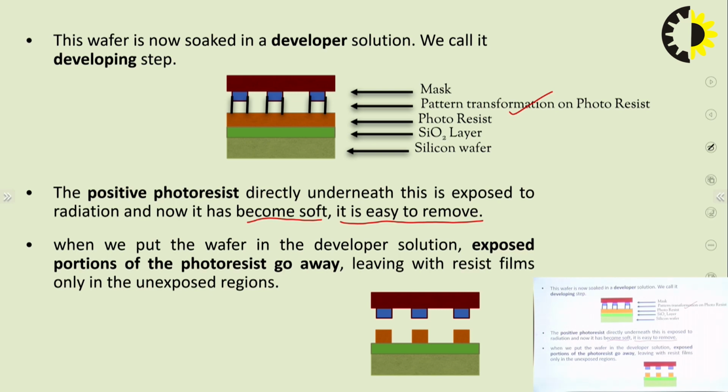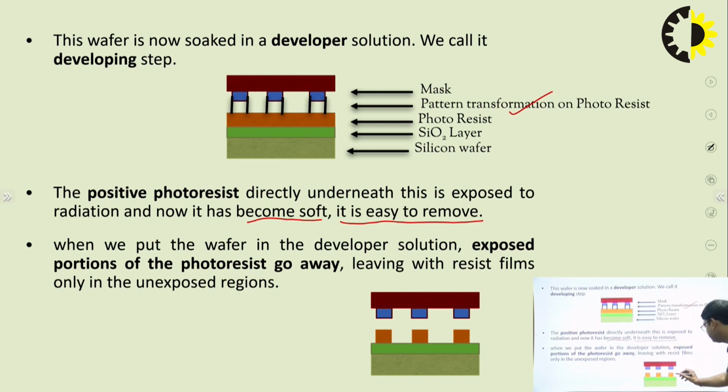Okay, so this is the case of positive photoresist, because the resist material gets soft in the areas where it gets exposed to radiations. It is easy to remove. The photoresist is easy to remove from those areas. Now, when we put the wafer in the developer solution, the exposed portion of the photoresist goes away, leaving resist films only in the unexposed regions, as shown in the figure below.